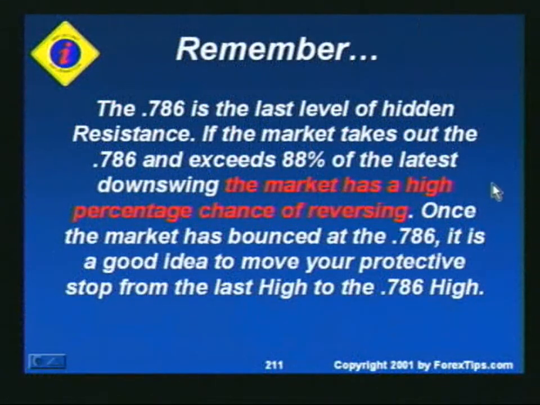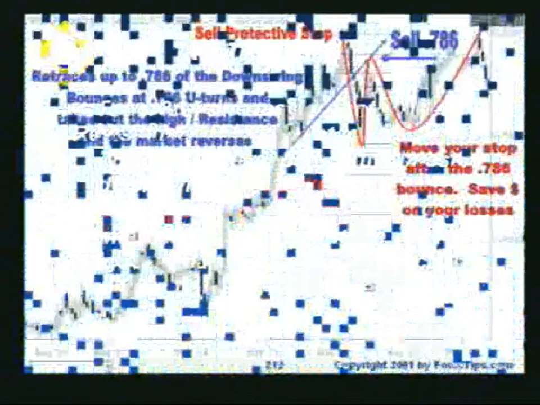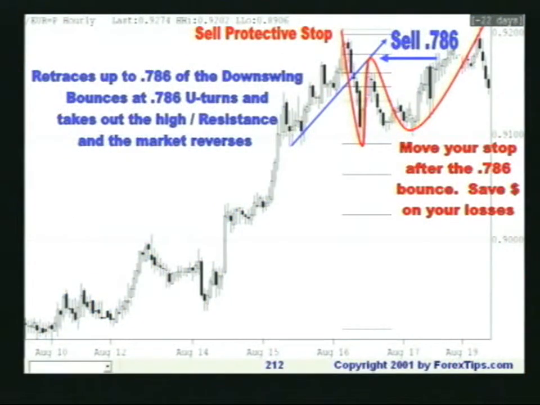So remember, the 786 is the last level of hidden resistance or support. If the market takes out the 786 and exceeds 88% of the latest up or down swing, the market has a high percentage chance of reversing. Once the market has bounced at the 786, it is now clear to move your protective stop to the last high or low, depending on the direction you're trading.